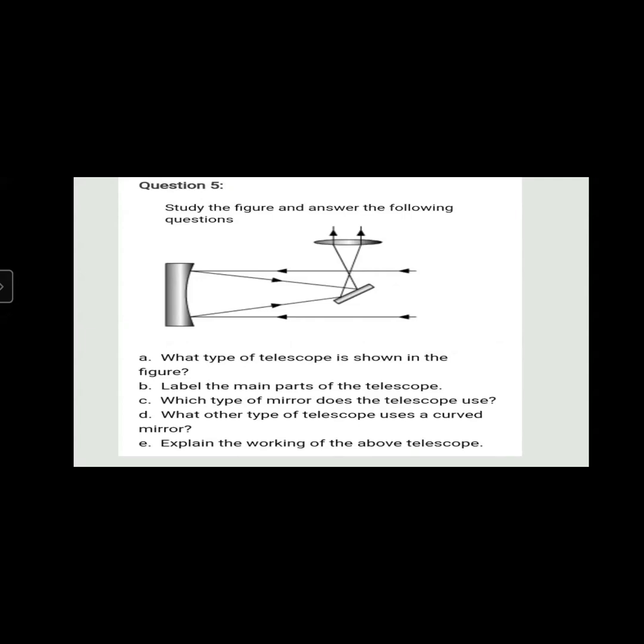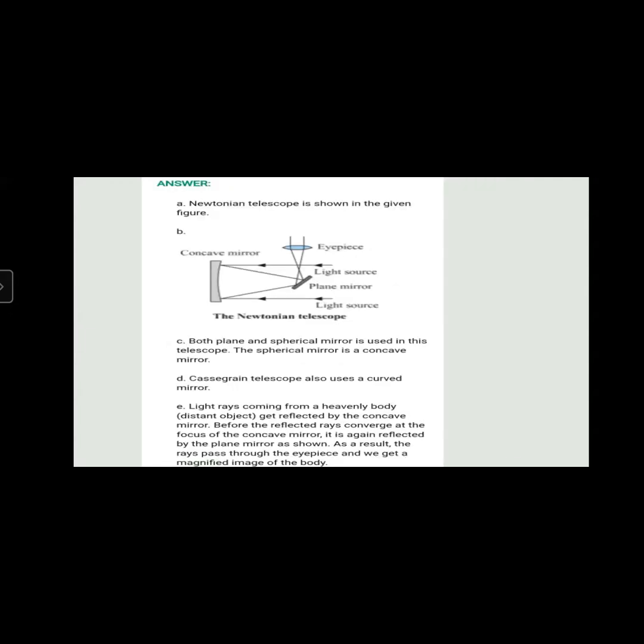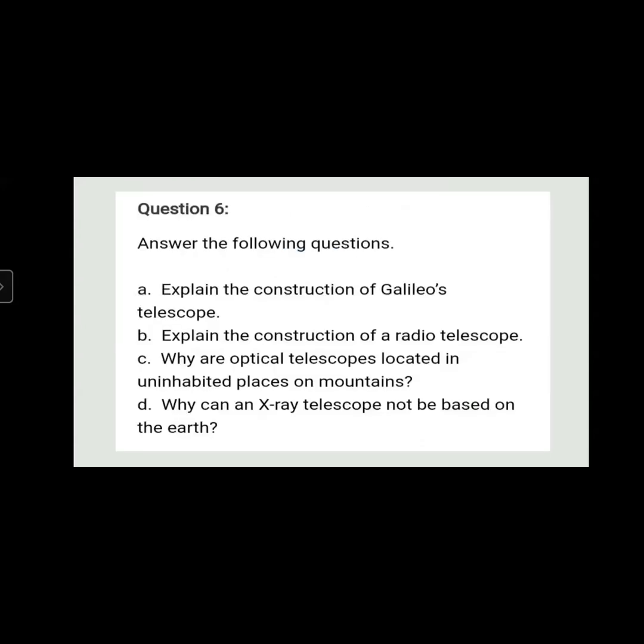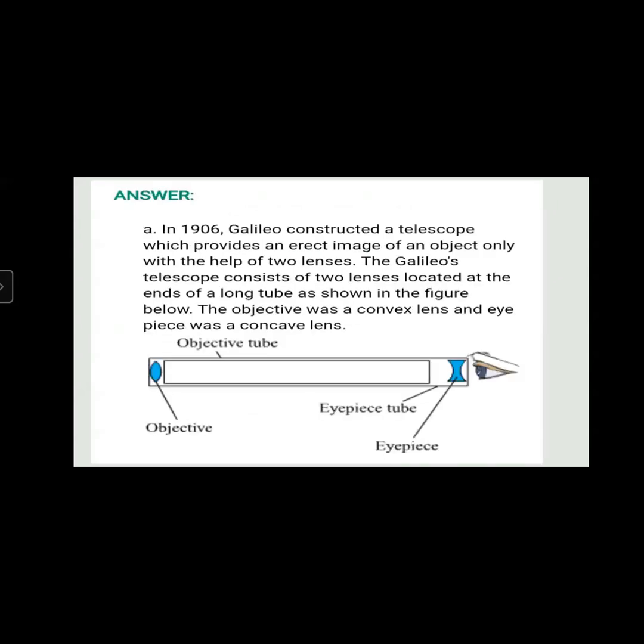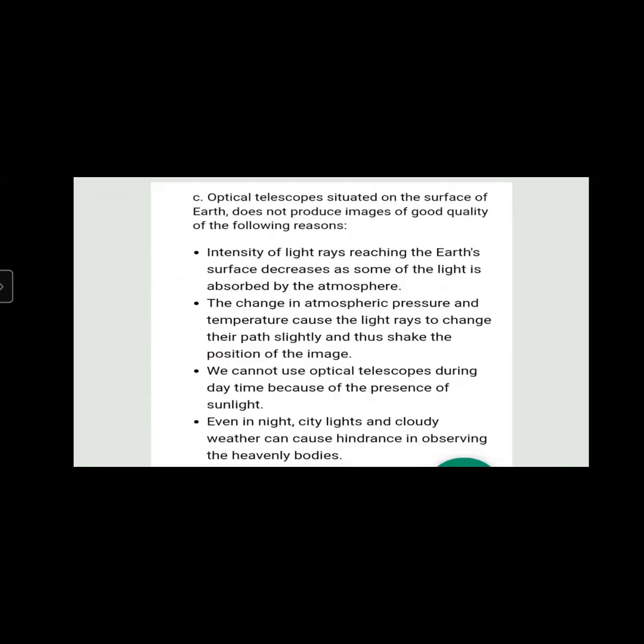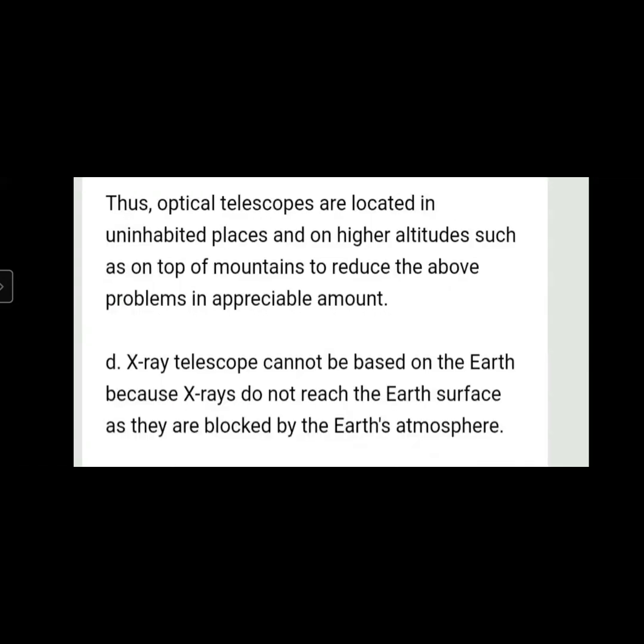I will request you to do this question properly because it is most of the time asked in the exam. Then this is the 6th question. It consists of 4 sub questions A, B, C, D. We have done A, B, C, and D.